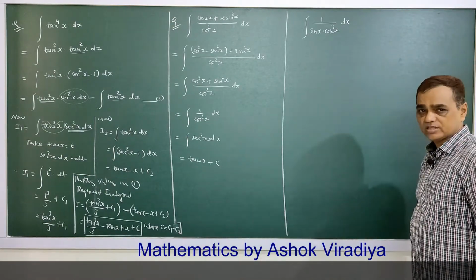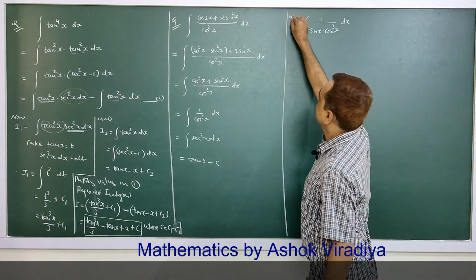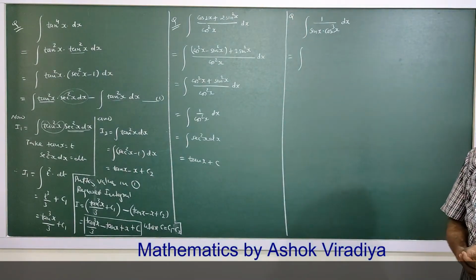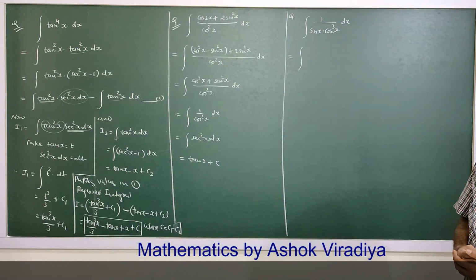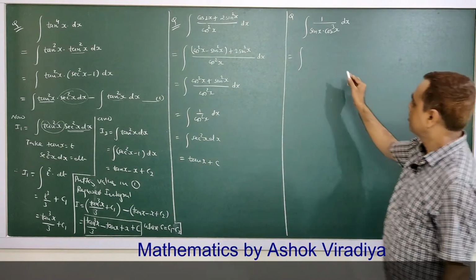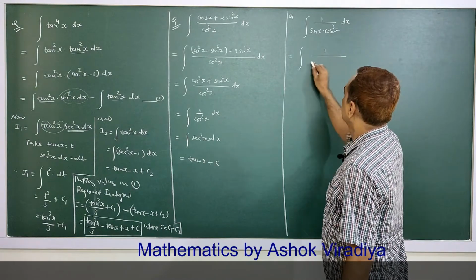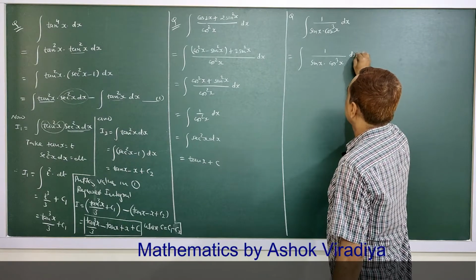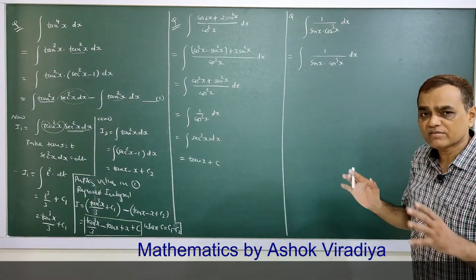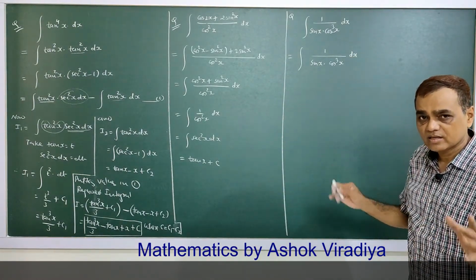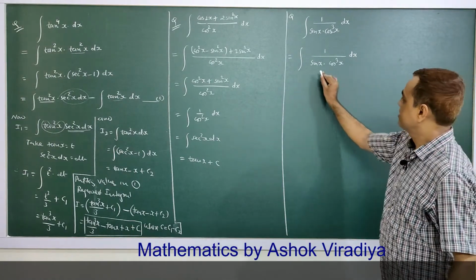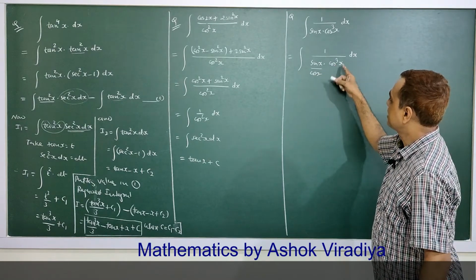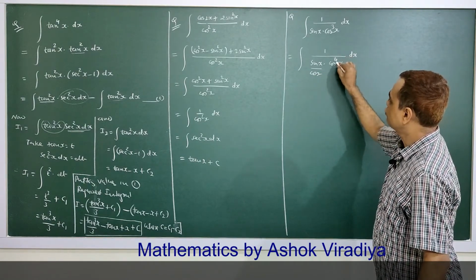Now in this question, here 1 upon sin x into cos cube x. See what we do, 1 upon sin x into cos cube x. I have written whatever is as it is. Now look at the change. Here I divide by cos x, so this should be multiplied by cos x. So this becomes cos raised to 4 x.